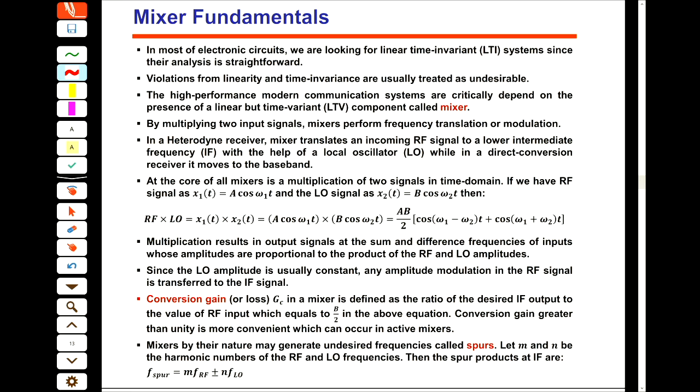What I mentioned in previous lectures is that if a system has one input and one output, and the input has only a component of F1, then if we want the output to have components other than F1, we have 2 choices. One, this system is nonlinear, or this system is time variant.